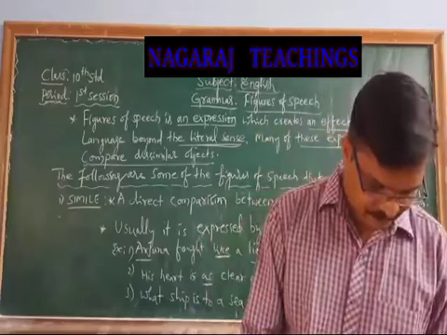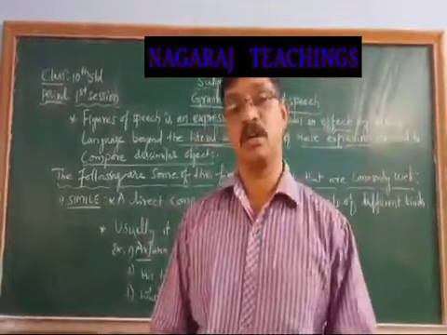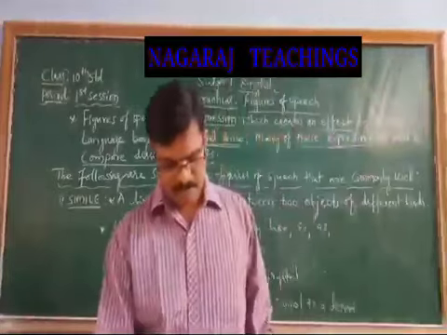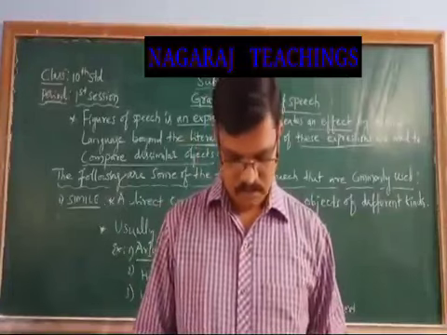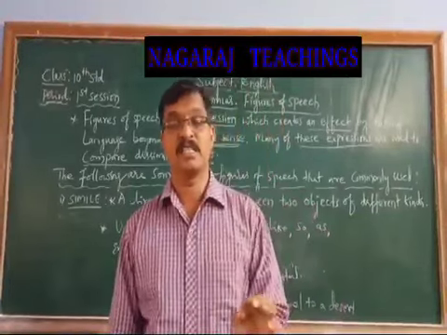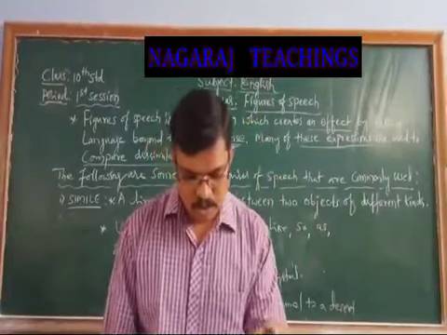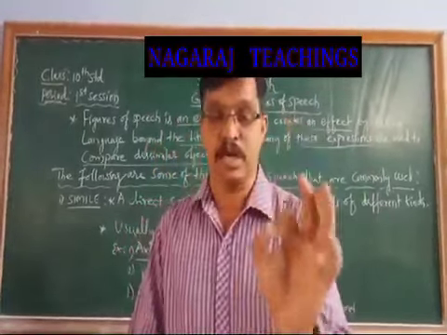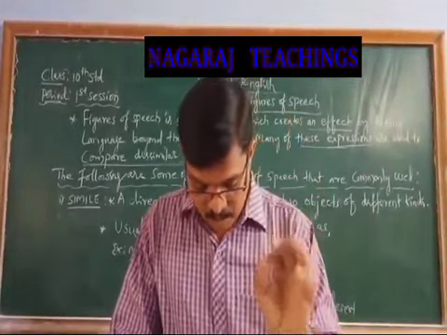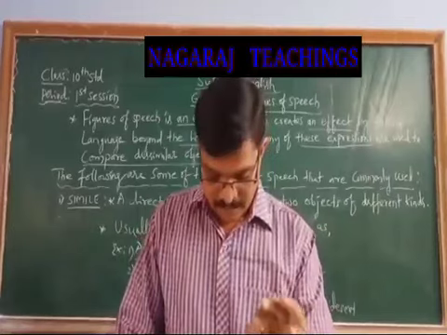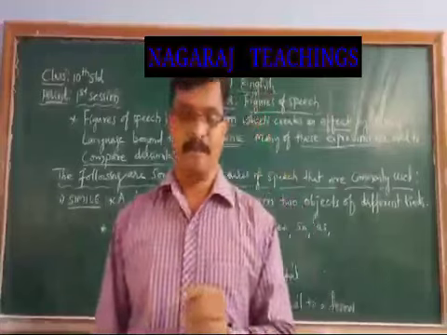Okay, then other examples. He runs like a cheetah. Tipu fought like a tiger in the war. She dances like a peacock. Then the mangoes are as big as coconuts. See, listen children. Observe carefully. The mangoes are as big as coconuts and as sweet as honey.